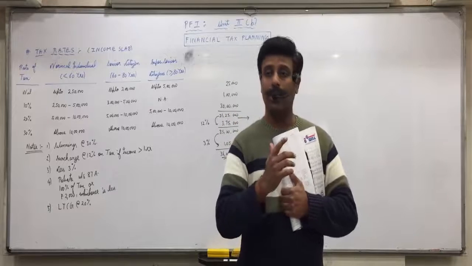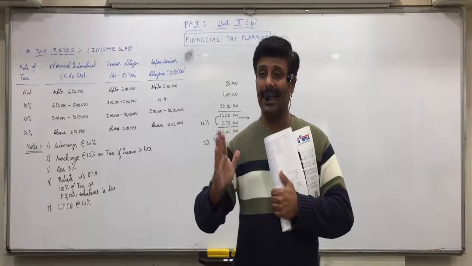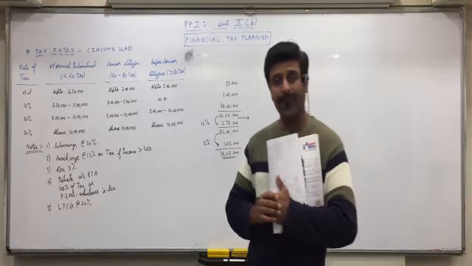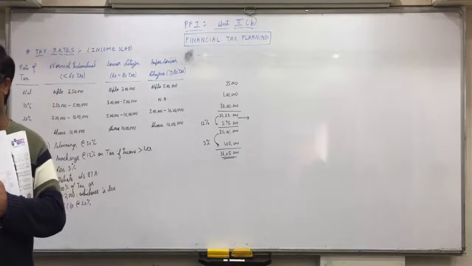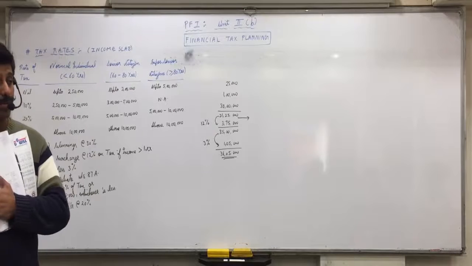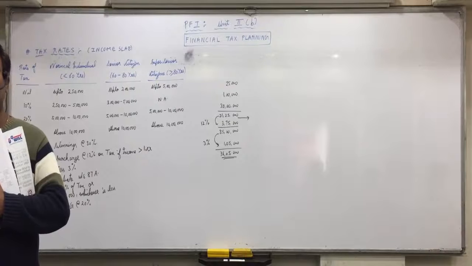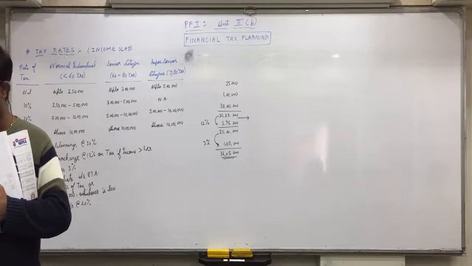Then NSC. Then mutual funds, LIC, and ULIP. These are contributions. Okay. Then housing purpose. If you have repaid your housing loan principal amount, that gets you 80C deduction. If you have subscribed to the NHB, National Housing Bank Home Scheme, you get deduction.